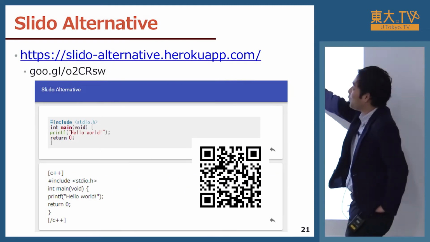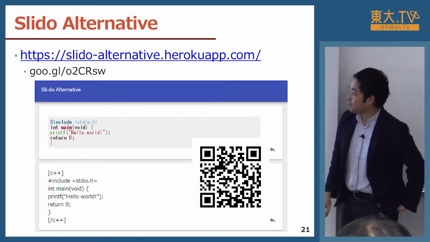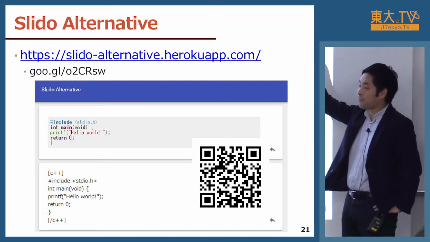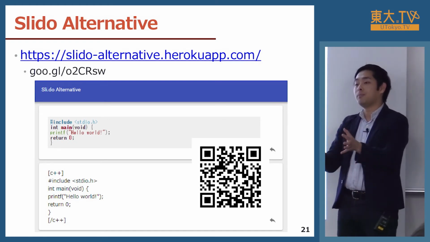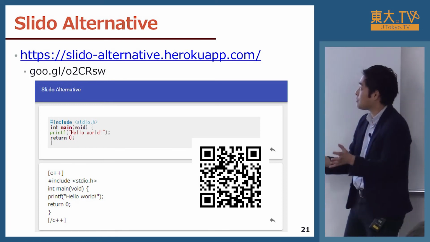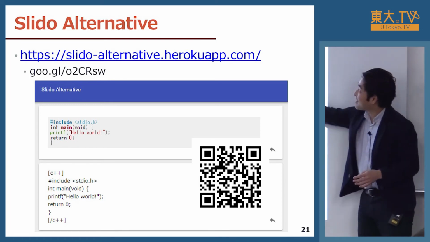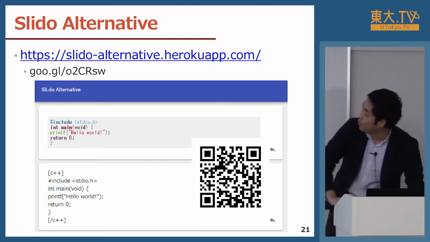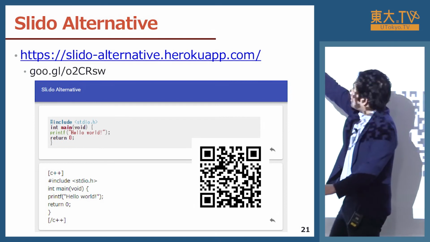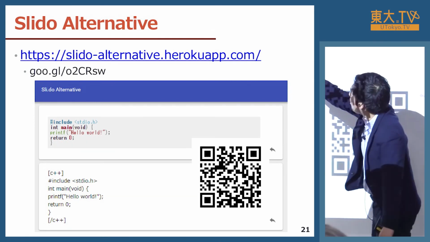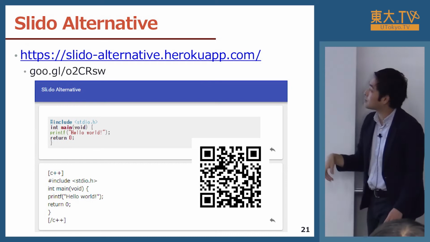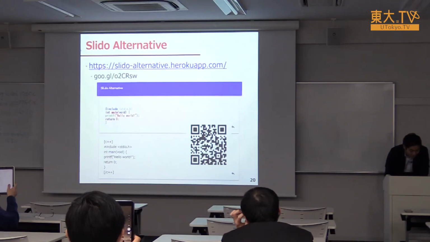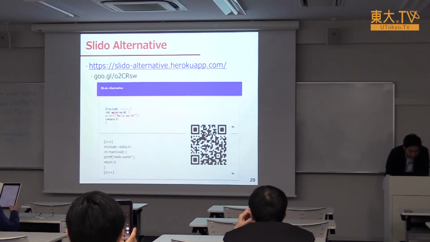It is a Slido alternative for now, with very basic functions. If you want to see the Slido alternative, there are QR codes, or you can type the goo.gl short URL, and then you can go to the Slido alternative.